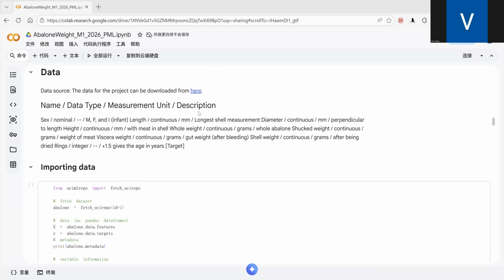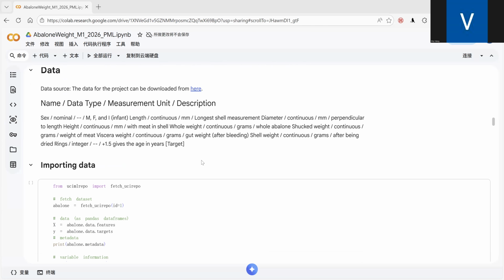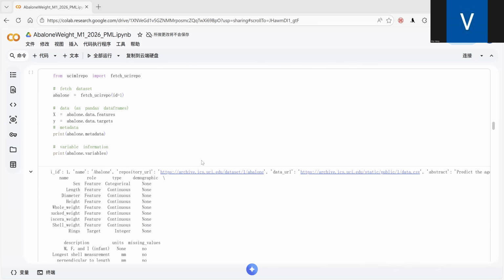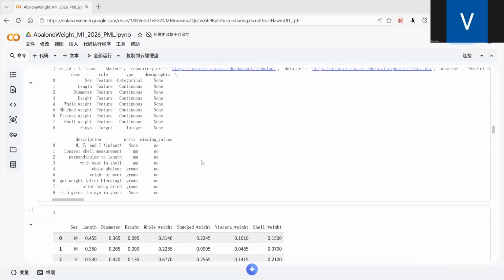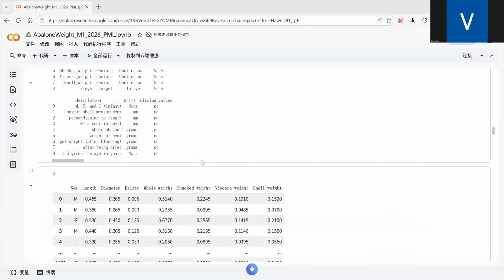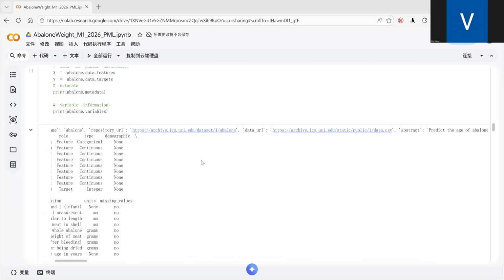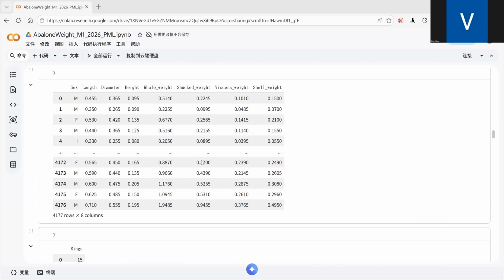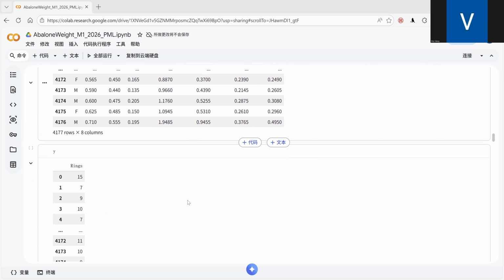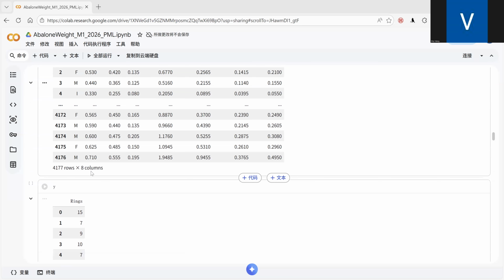We can get the data from this website. Here is importing the data, and this is the overview of the data. Here is the shape of the data.